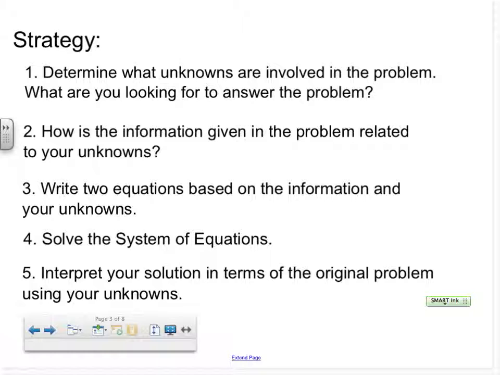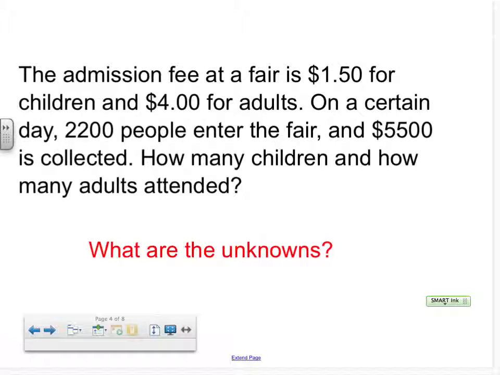So let's go back to this problem using this strategy. Looking at the problem again, what are the unknowns? What do I need to figure out? Well, I need to figure out how many children and how many adults attended. Those are my unknowns. So I'm going to let one of them be X and one of them be Y. You don't have to use X and Y, it's just typically what's used.